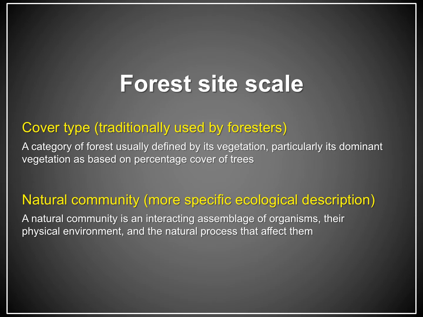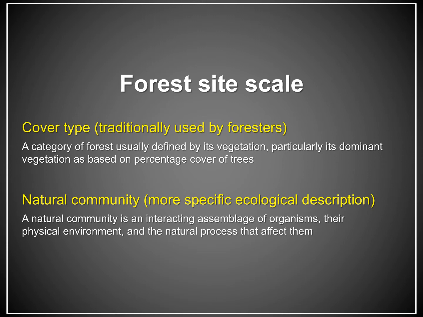So if the process of forest management begins with classifying stands based on vegetation and site, you can think of cover types and natural communities as ways of defining and naming those areas or those stands. Cover types have traditionally been utilized by foresters as a way of naming and describing stands based only on canopy vegetation.